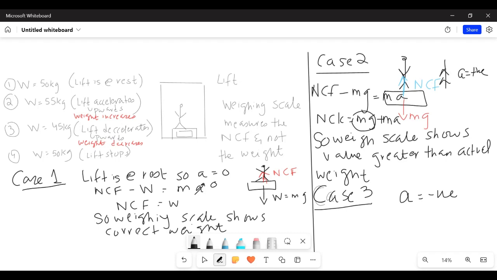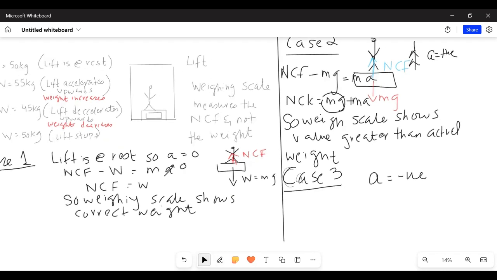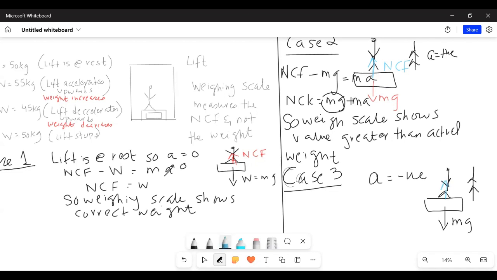So again, it's going upward still. So the motion is upward. The guy is still standing on the weigh scale. And the downward force is still mg. The upward force is still the normal contact force.